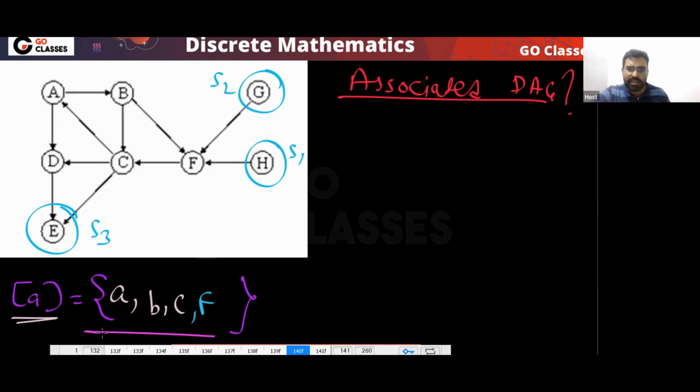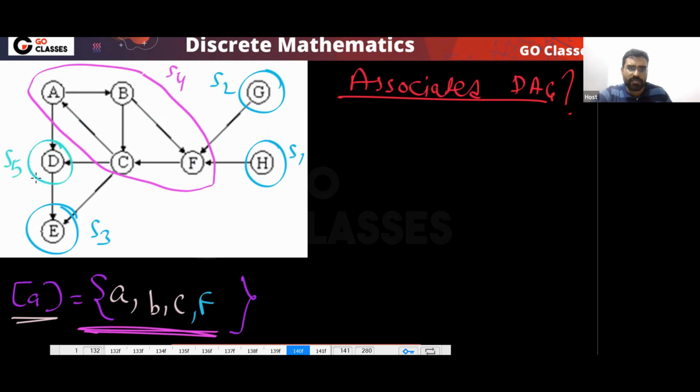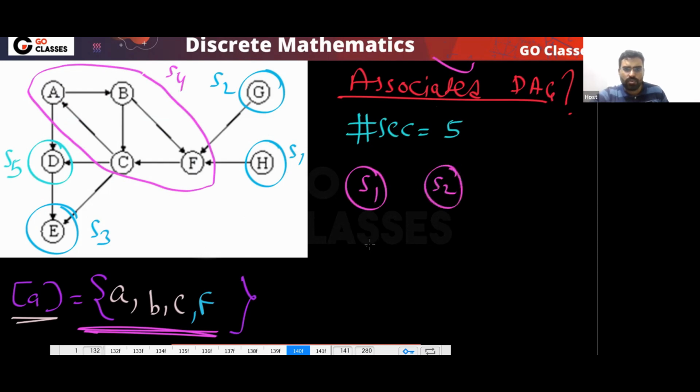Always do it like this. So this will be your strongly connected component S4, and this will be your strongly connected component S5. So the number of strongly connected components will be 5. In the associated DAG, you will have 5 vertices: S1, S2, S4, S5, S3.